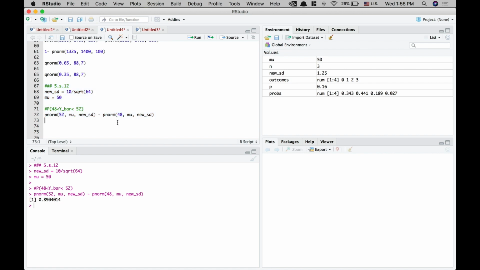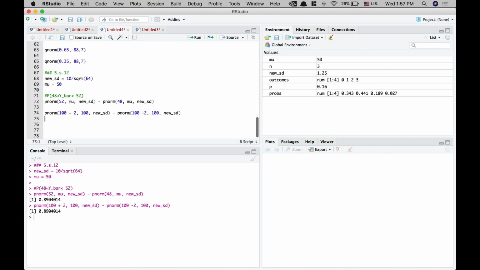0.89. And similarly, you can work on the second part of this problem, in which you just change mu to 100. So it's kind of simple. We can do it here. On this side, it has to be 100 plus 2 instead of 50 plus 2. The mu here, we have to change it to 100. And here is 100 minus 2, and the mean is still 100, and the new SD is the same because the standard deviation applies to both of these cases.